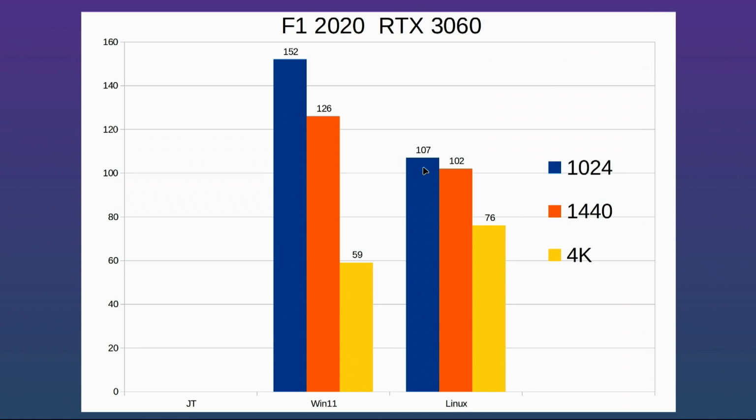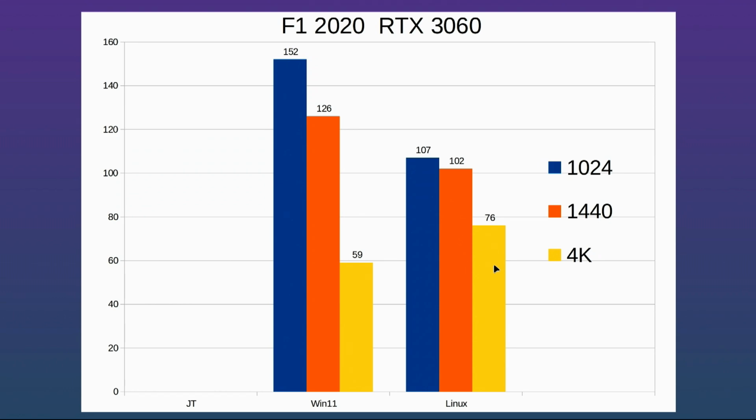I did load up Steam and I ran F1 2020, and I noticed that the frames, because I'd been testing it, I knew what the frames per second were supposed to be in Windows, and I noticed how low they were in Linux. I'm like, whoa. But F1 2020 so far has been the least favorable in these results. So anyway, we're at 107 at 1080p, 102 at 2K, 76 at 4K.